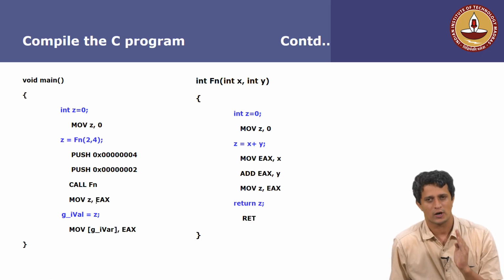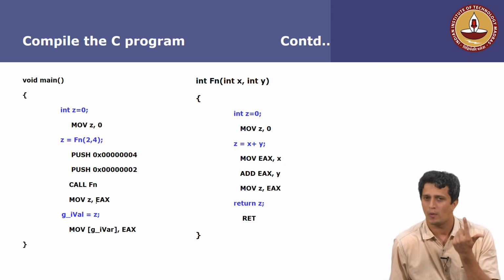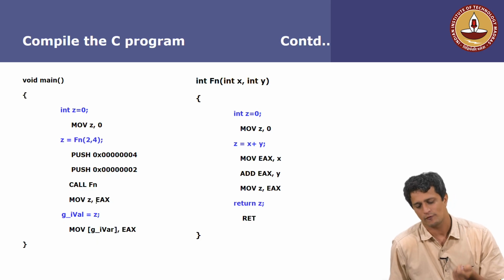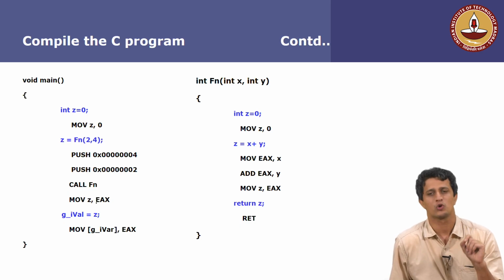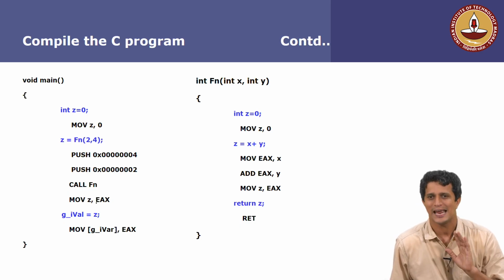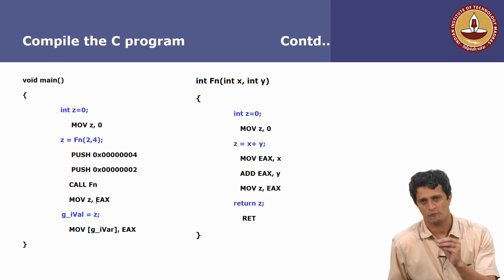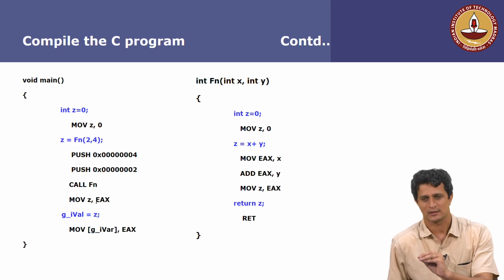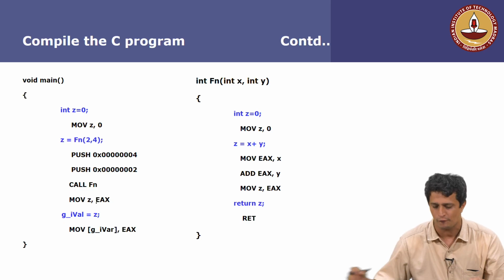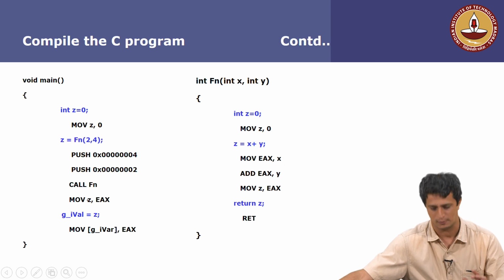While we pushed function parameters and local variables on stack, the return values from a function can be only one value. You can only return one value and therefore, you do not have to return through the stack. So, we choose to return through the register EAX by default. So, if you are trying to return an integer from function fn, the function fn will load the return value into EAX, and after you return from the function fn out here, you just move the EAX value into your variable and you are done.